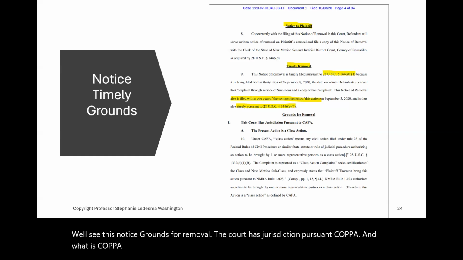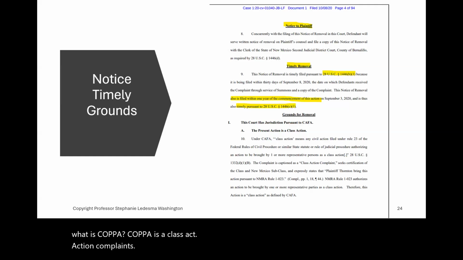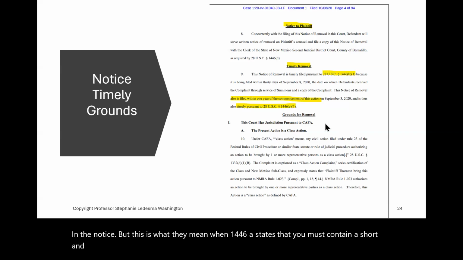CAFA is a class action complaint. Based upon CAFA, the court has federal court jurisdiction, as they identify in the notice. But this is what they mean when 1446(a) states that you must contain a short and plain statement for the grounds.